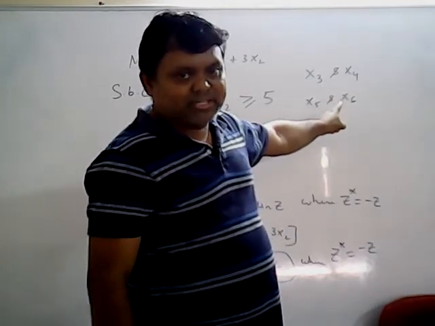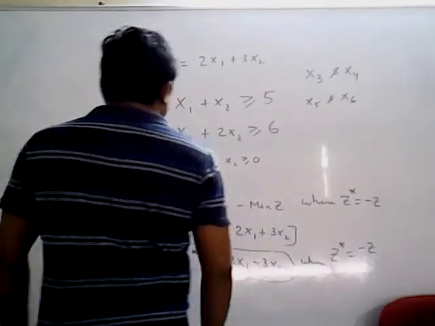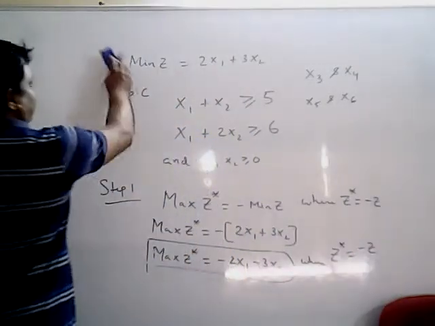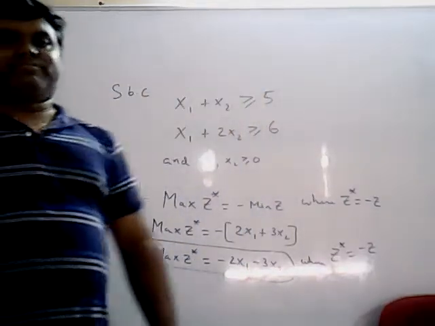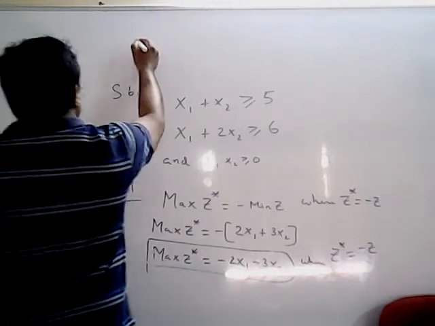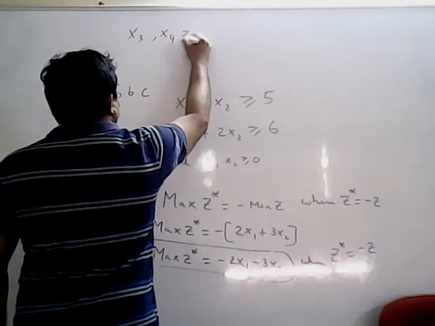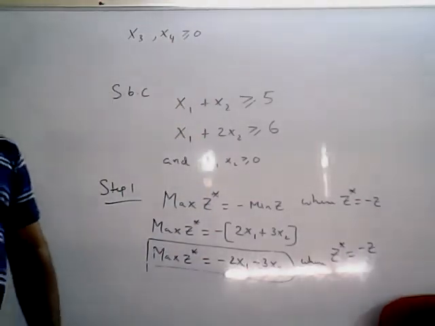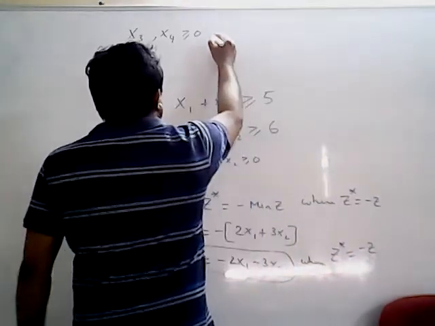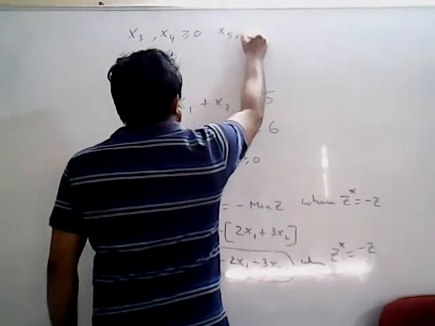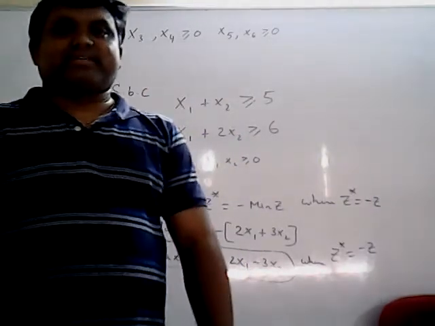Step number 3: introduce the surplus variables x3, x4 greater than or equal to 0, and artificial variables x5, x6 as non-negative variables.